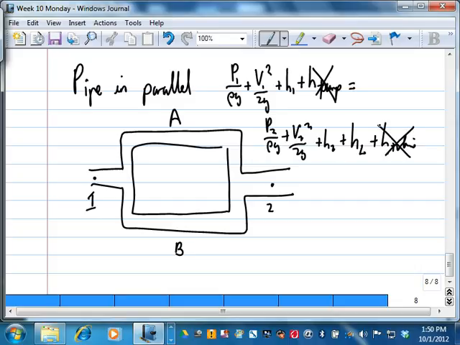Alright, so if I went from 1 to 2, path A, this equation applies, but HL is equal to HL,A, down path A. Okay or not? Is that right?